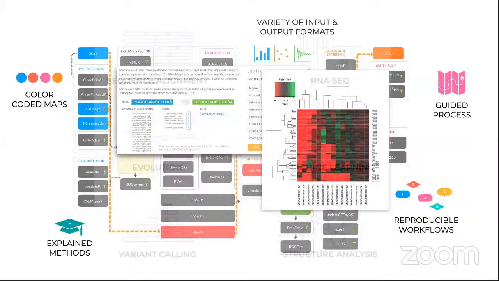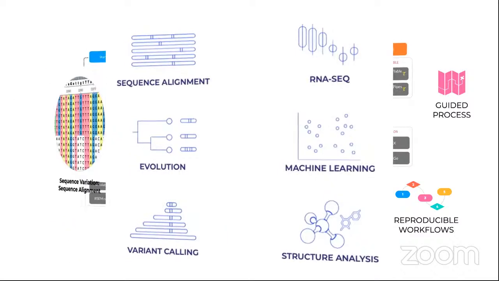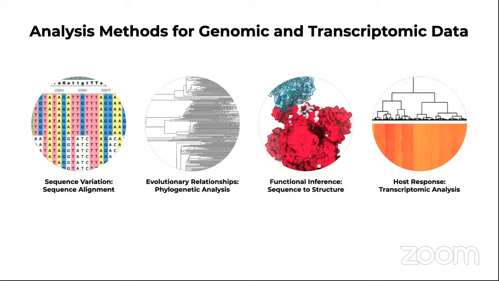And importantly, you will find access to a variety of different sections that are all built around a similar interface. So using this platform and a number of other resources, we will talk about sequence variation, evolutionary relationships, relationships between function and structure, and host response, either as a vector or as a host.